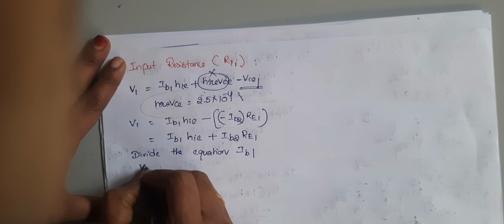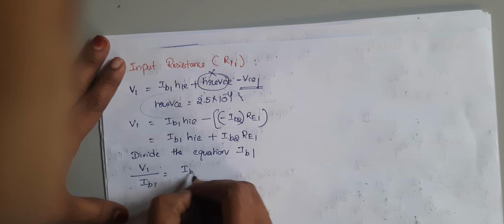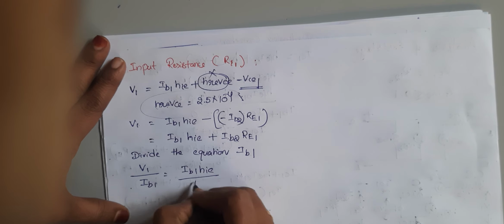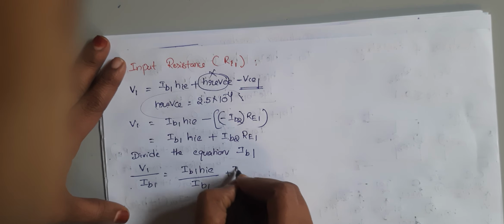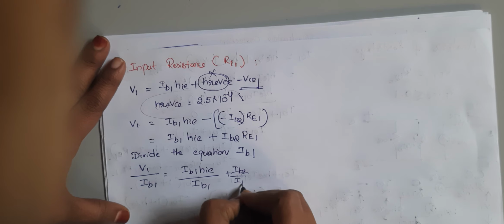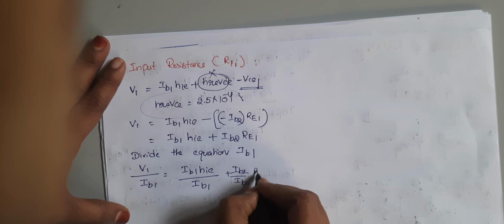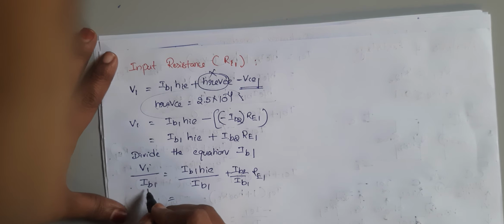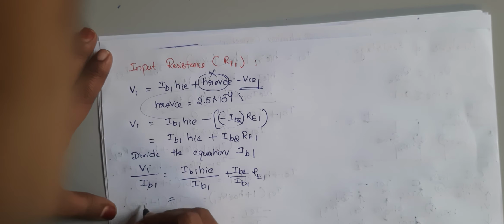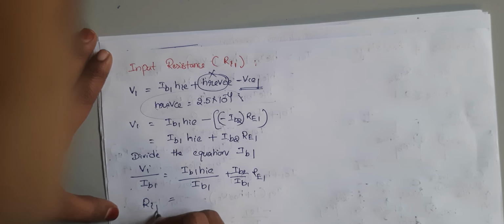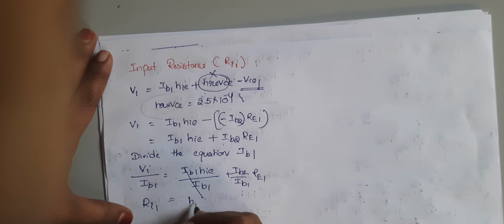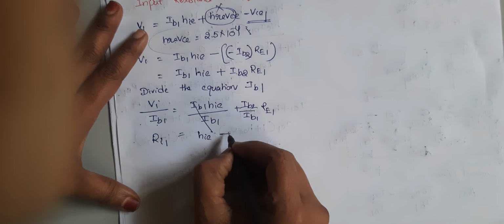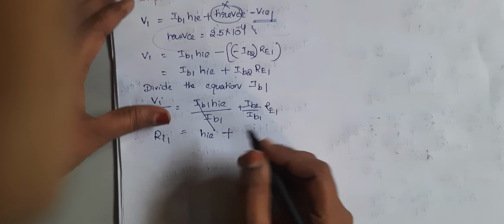So divide the equation with IB1. Then V1 by IB1 is equal to IB1 HIE by IB1 plus IB2 by IB1 into RE1. So V1 by IB1 is RI1, voltage by current. RI1 is equal to HIE plus, what is IB2 by IB1?